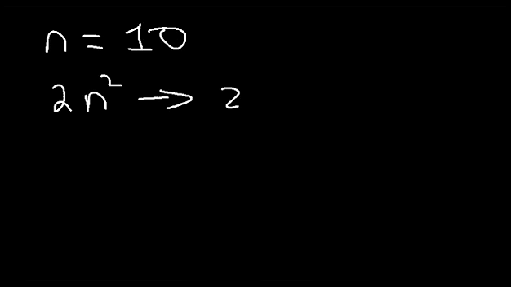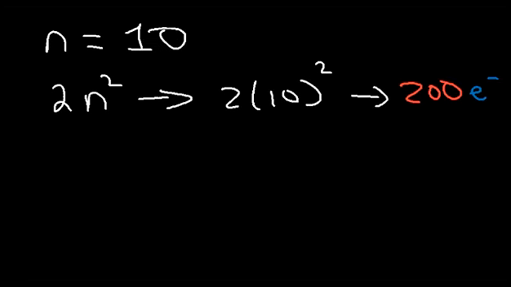So therefore, what is the maximum number of electrons that can occupy the 10th energy level? Using the equation 2n squared, it's going to be 2 times 10 squared, which is 10 times 10, that's 100 times 2. That corresponds to 200 electrons. Now, how many orbitals are in the 10th energy level? The number of orbitals is equal to n squared.